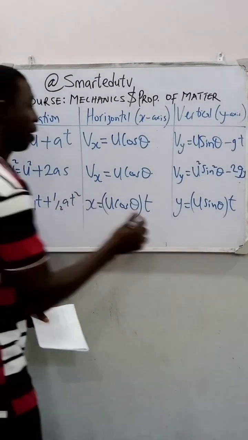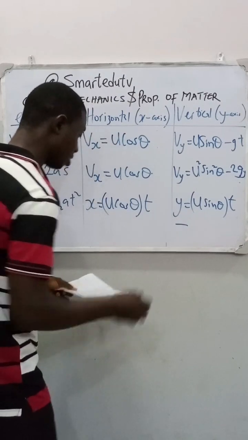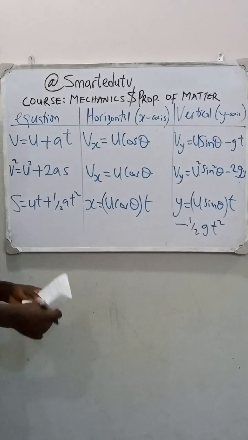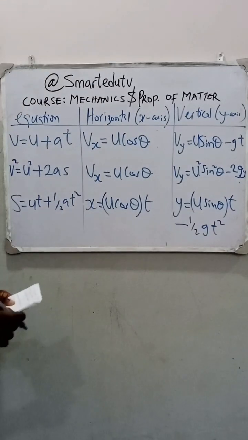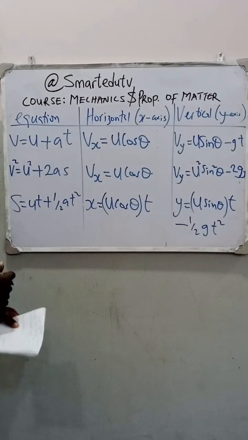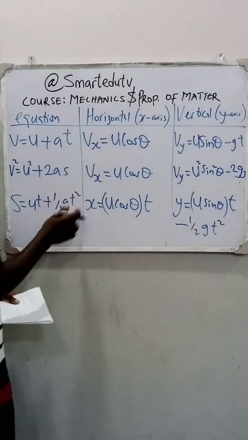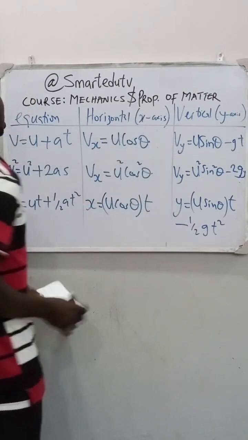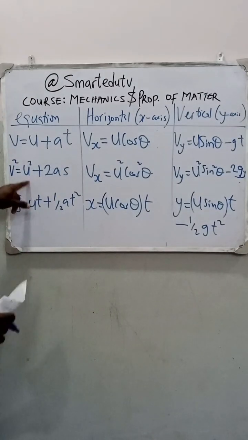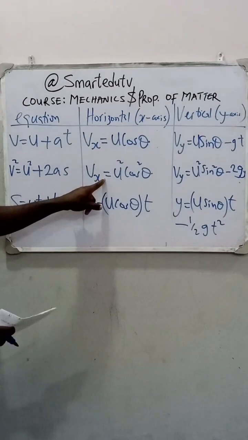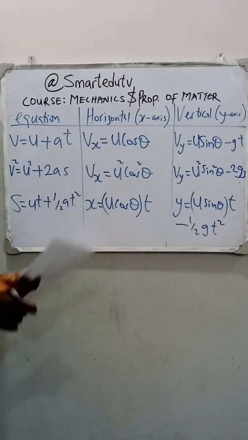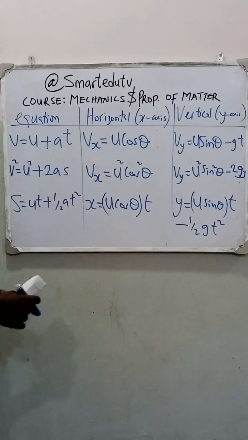The a becomes minus g, so minus half gt squared. So these are equations of motion.